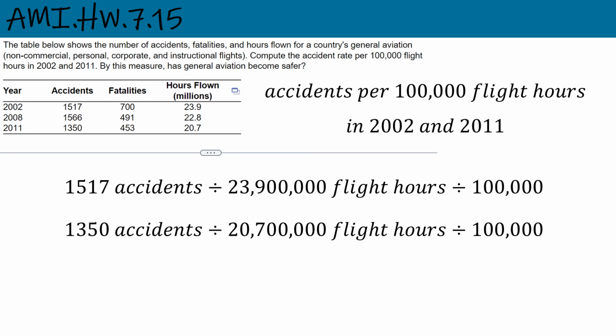We're comparing 2002 and 2011, so we're going to run the numbers there. Hopefully we'll get two fractions or two decimals, and fewer accidents would be safer. So what we're hoping to see by this measure is that aviation has become safer over time, and we'd see that if the later one is lower than the earlier.